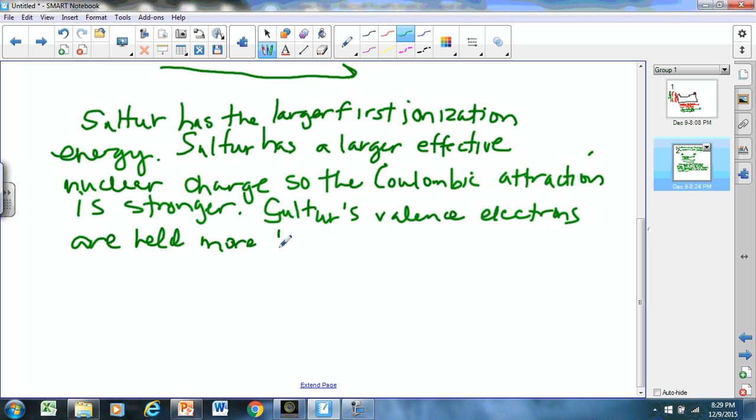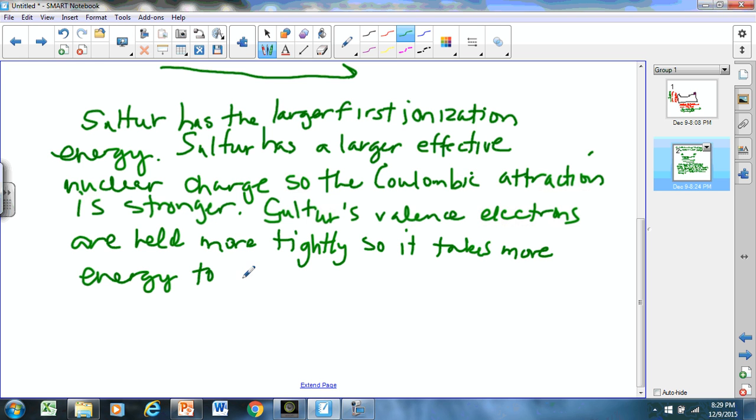And I swear up to here, it's just like radius. So it takes more energy to remove a valence electron. And again, it should come full circle. More energy to remove a valence electron. Sulfur has a larger first ionization energy.